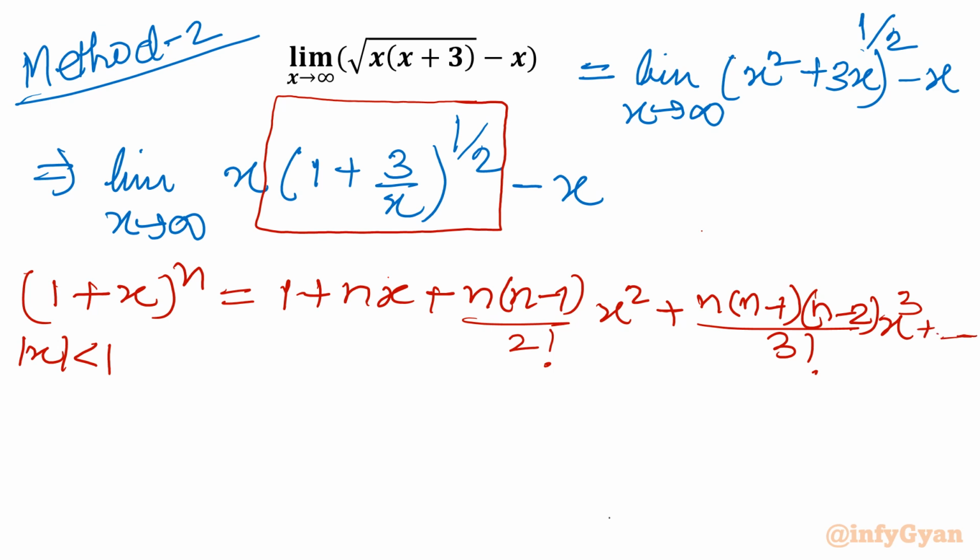Now what is n minus 1 over 2 factorial? It is nC1. What is n? nC0. n(n minus 1)(n minus 2) over 3 factorial is nC2. So it is the same expansion in this manner.